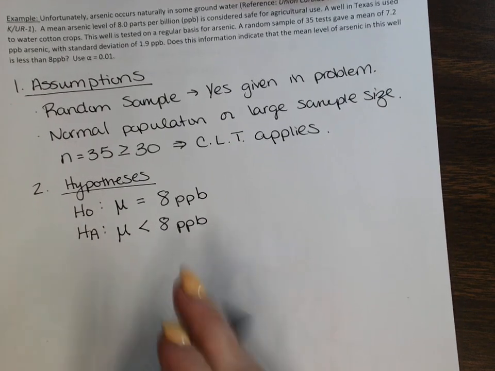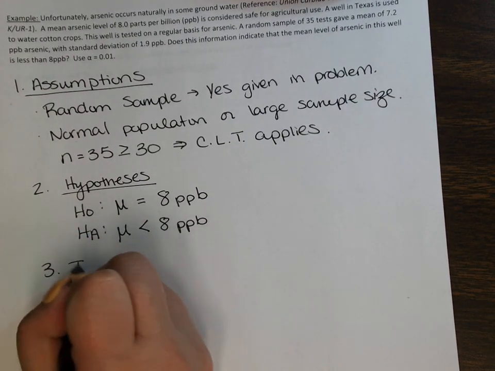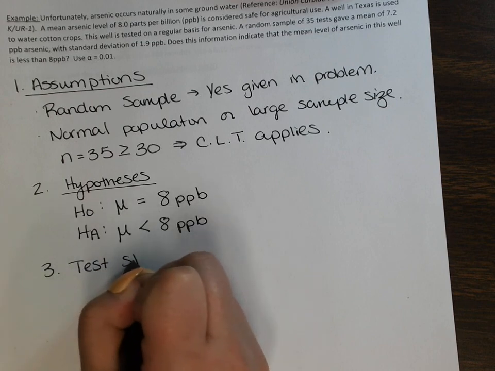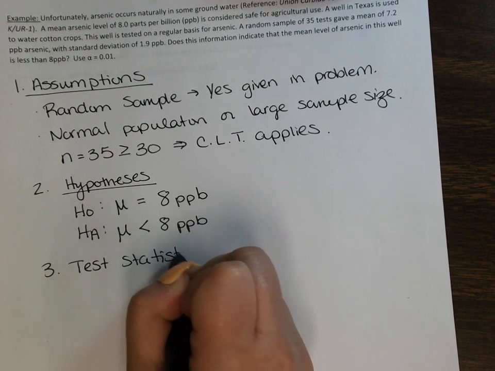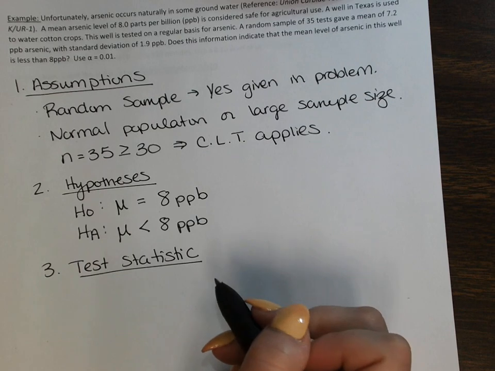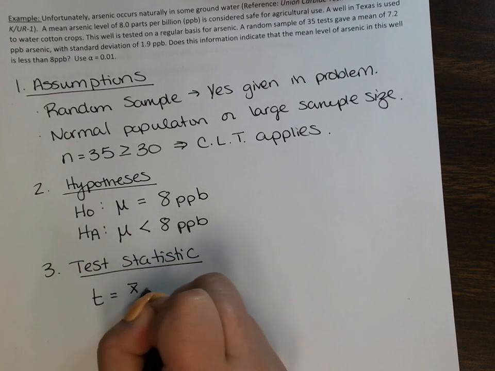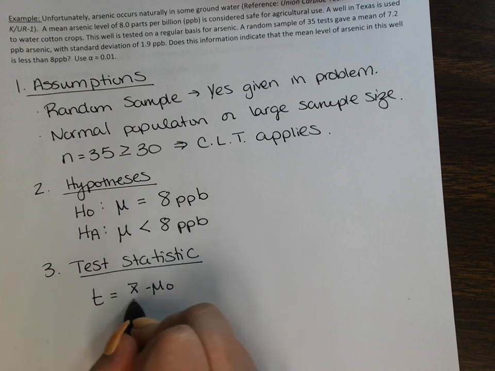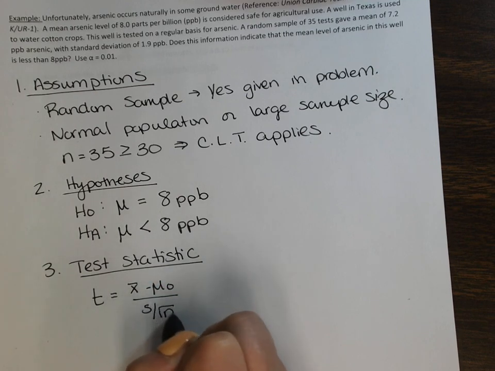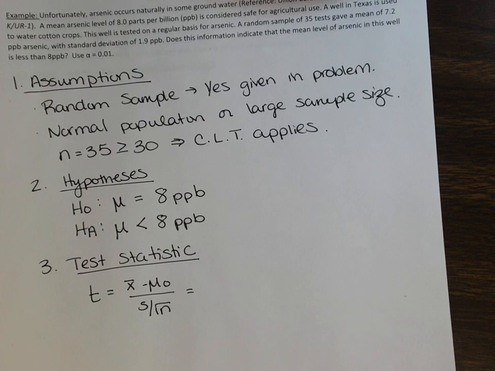Now that we've got our hypotheses, we can calculate our test statistic. We're going to start by writing down the formula. Next, we need to identify each of the different pieces.